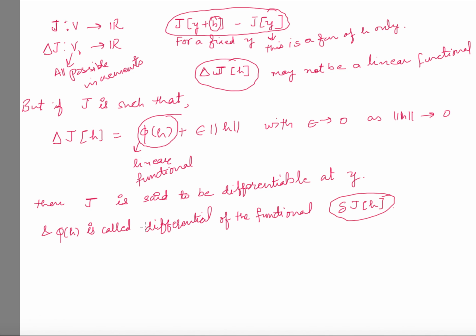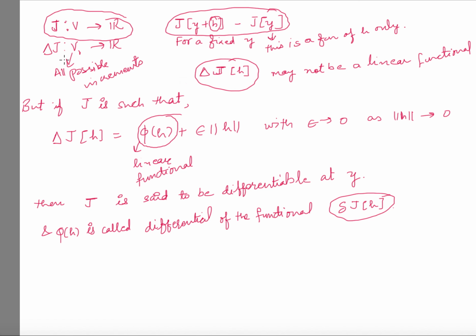I'll repeat it, this is very important. We had this functional from V to R, V is some non-linear space, and I want to look at this increment. If I am increasing this function y with some function h, then I want to look at this increment in j of y. For a fixed y this will be a function of h, so this is a functional.